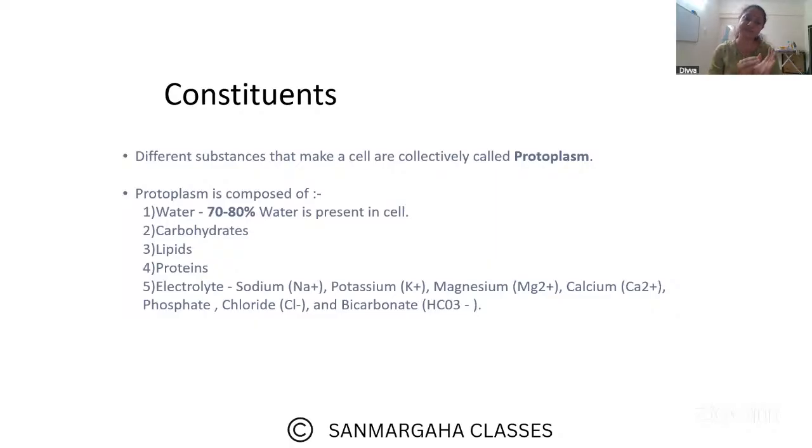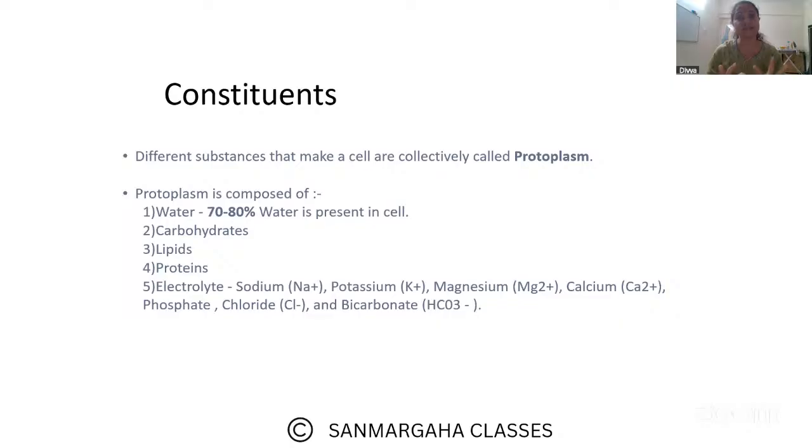For example, first our cell has water content, that is 70 to 80% of the cell is filled with water. Then other components are also present like carbohydrates, lipids, proteins, and electrolytes like sodium, magnesium, potassium, phosphate, calcium, bicarbonates.